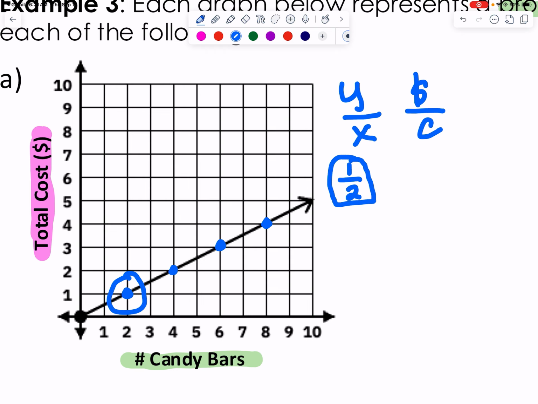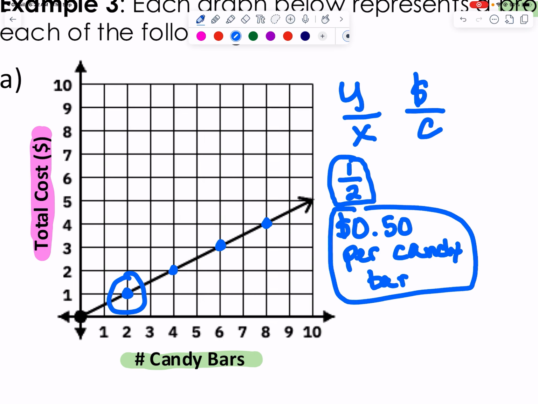The decimal equivalent of 1/2 is 50 cents. So I know that each candy bar is 50 cents per candy bar. So either answer is correct. I just think if you're working with money, it's better to use decimals in general.